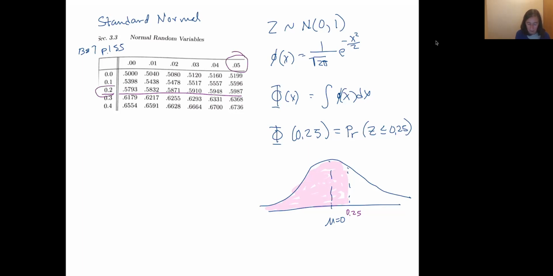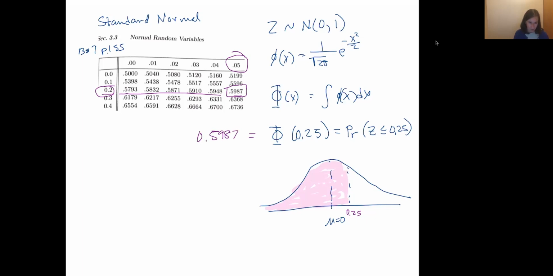So the value that we're looking for is determined by the tenths place on the rows and the hundredths place on the columns. And this right here, this is the number we're looking for. That equals 0.5987. That is indeed the probability that standard normal is less than 0.25.